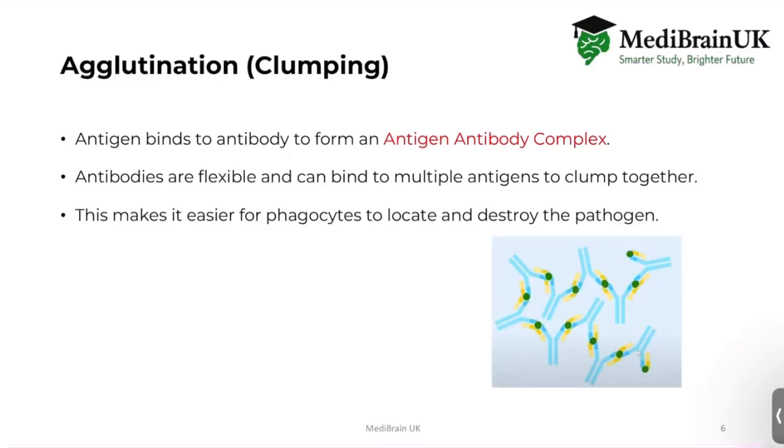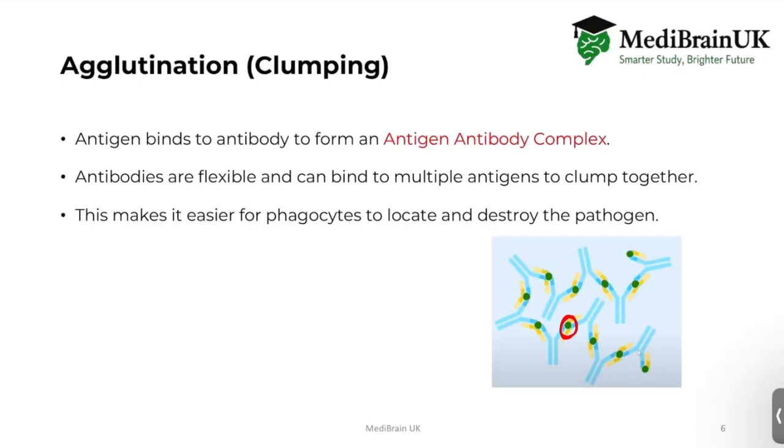Okay, so if I show you this image over here, this is an example of agglutination taking place. So we know that the top part of an antibody is your variable region. That's the region which is going to change. Now, once that antibody has bound to an antigen, multiple different antibodies can come in and they can also bind to the antigen.